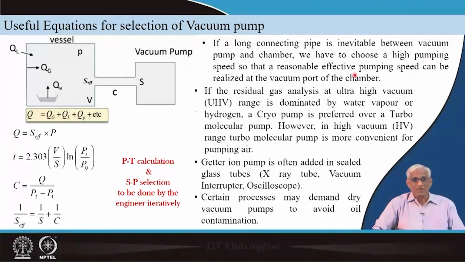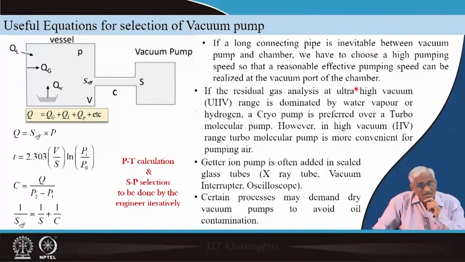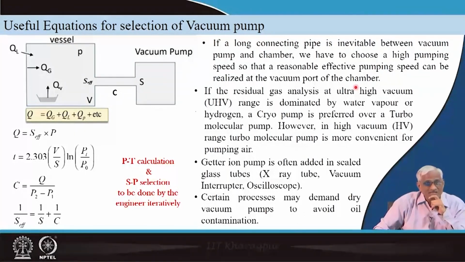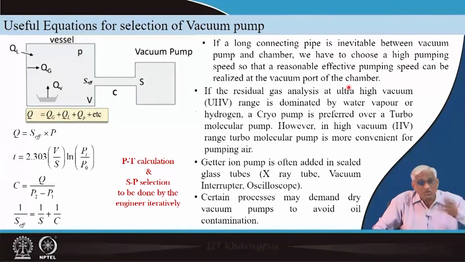Maybe you have to take a pump of higher pumping speed. That decision only the designer has to take. Vacuum system design is coming in as a policy decision now. So, you will have to convince other people to spend enough money to purchase higher pumping speed, because the inevitable long connecting pipes are there in that particular process. You have to do that.